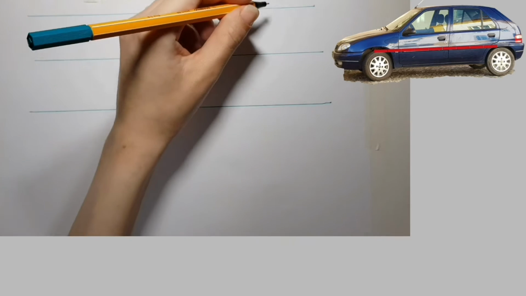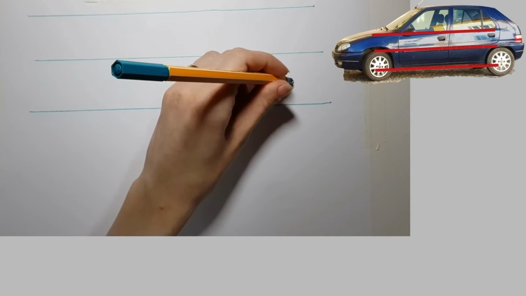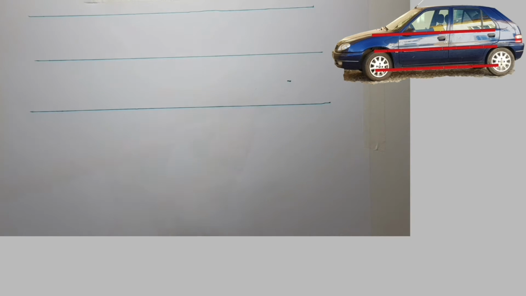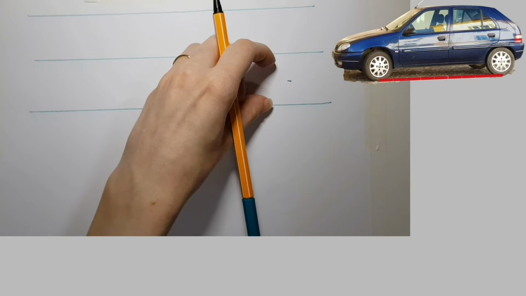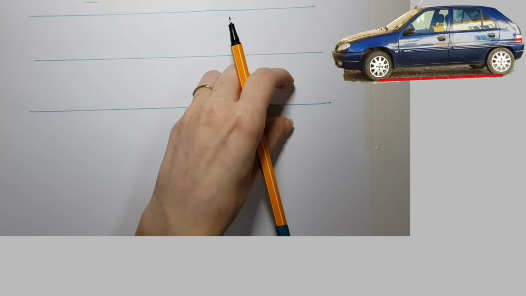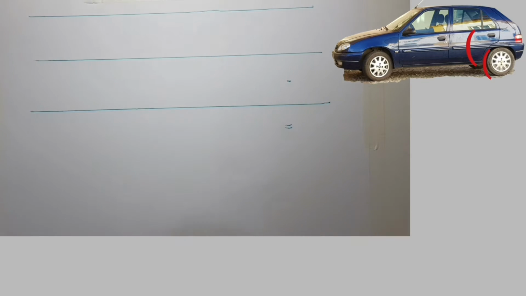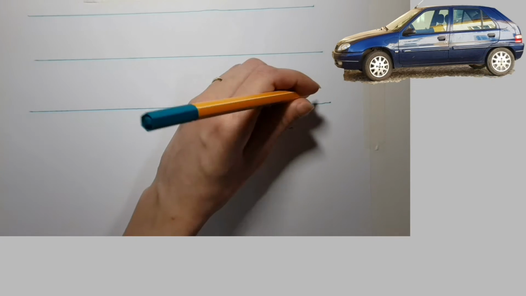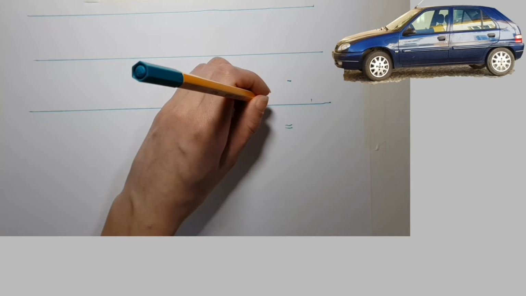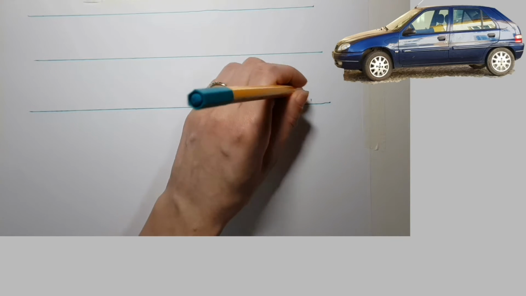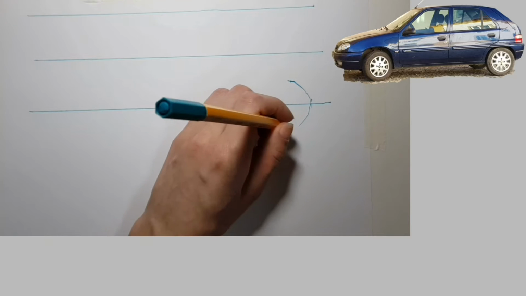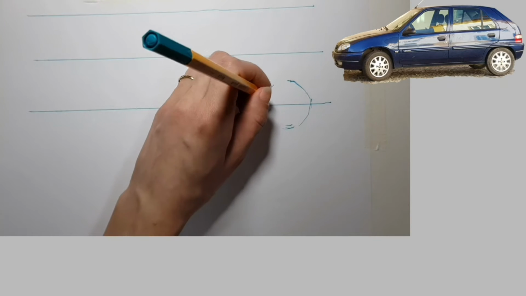Now let's place the wheels. They start around the center of the lower part and they continue below it. The wheel is a little smaller than the lower part of the car. It's easier to draw a circle if you draw it by using short lines.